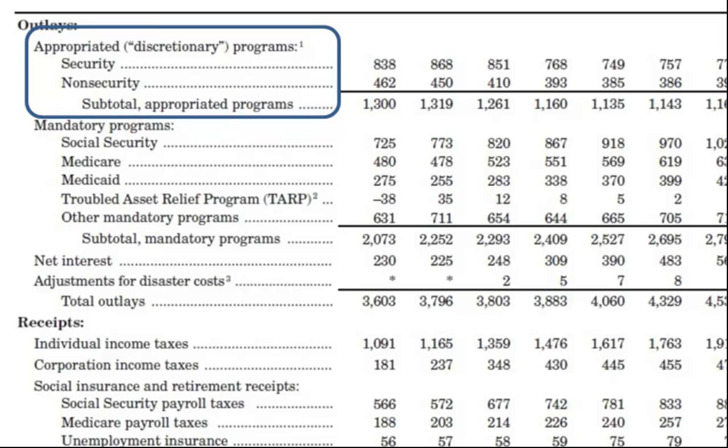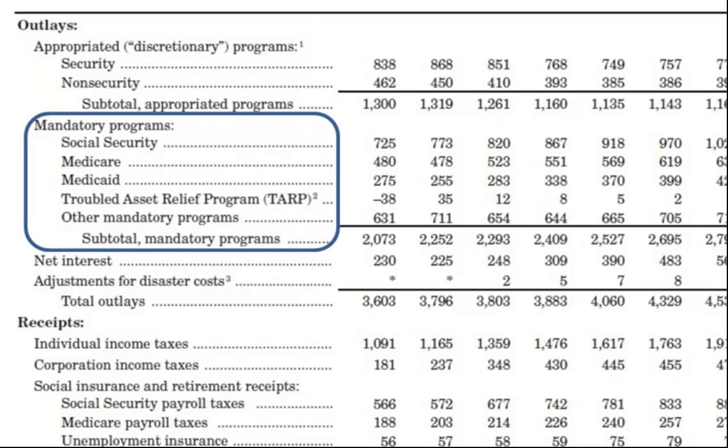One, the appropriated, which is discretionary programs, meaning this is the one they can kind of play with. This is military, which is security. So our entire military falls under security, and non-security is the entire federal government. That's everything federal government. Okay, so discretionary programs are the military and the entire federal government.